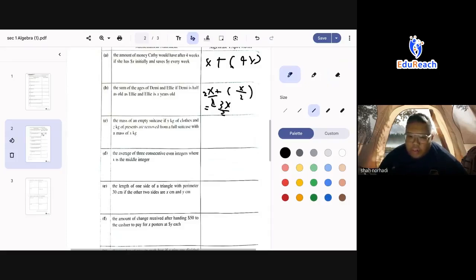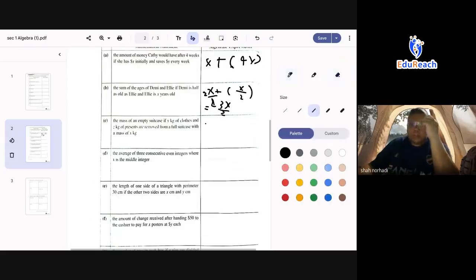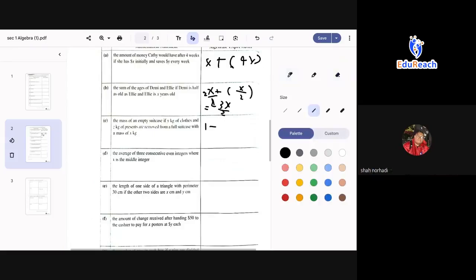So the full mass of the suitcase is x kilo. You're removing y kilo and also z kilo. So how do you do that? x minus y minus z.